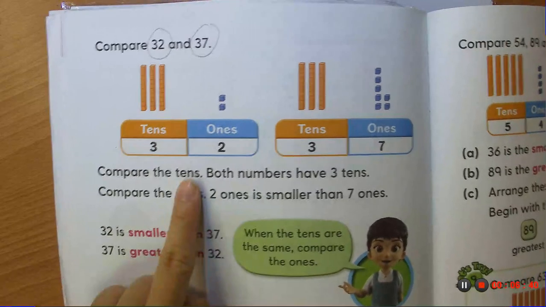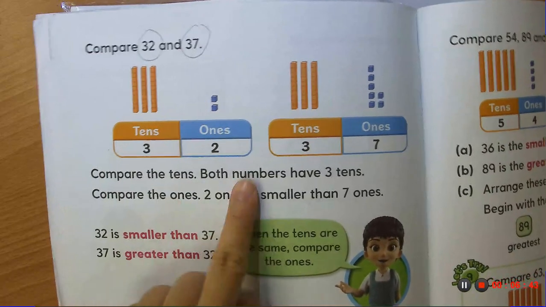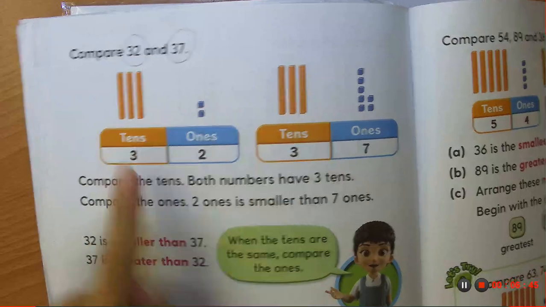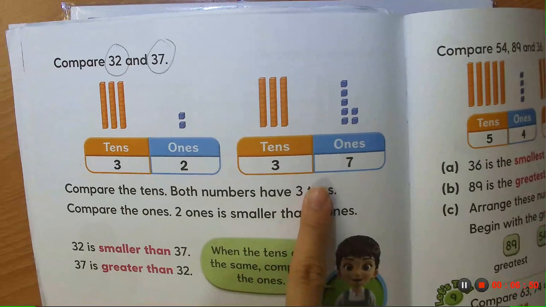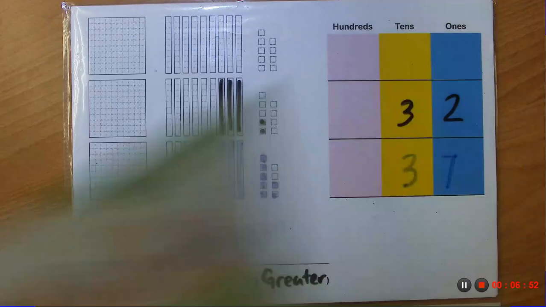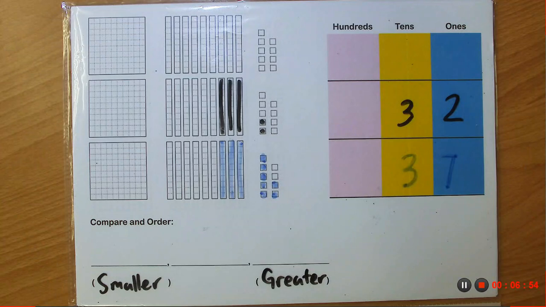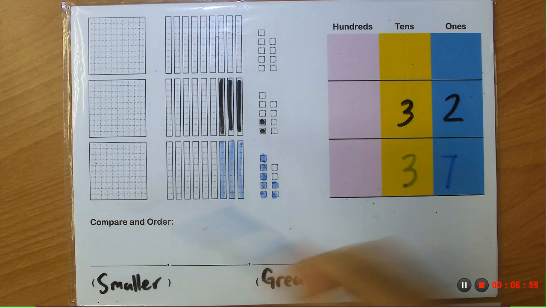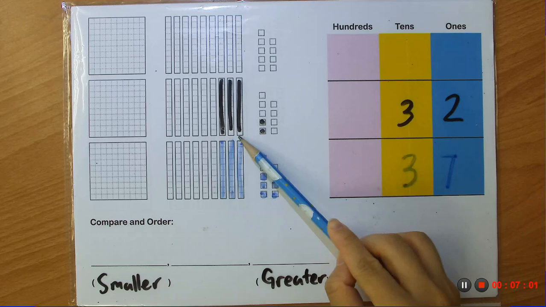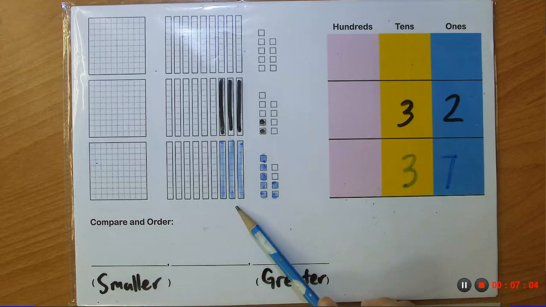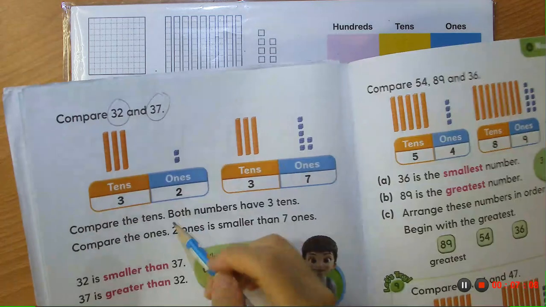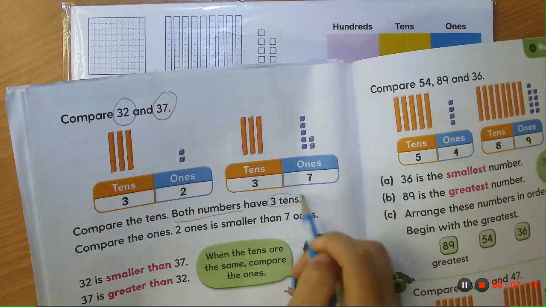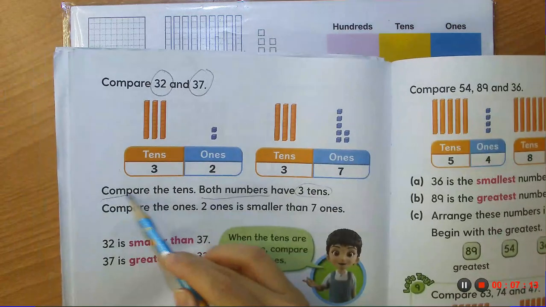When we compare the tens, you can see that both number 32 and number 37 have 3 tens. It's the same. The number of tens here and here is the same. So both numbers have 3 tens.